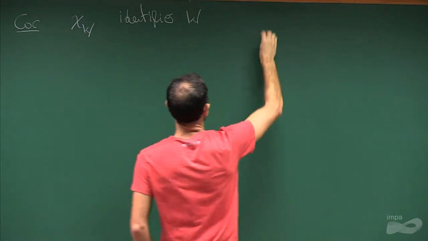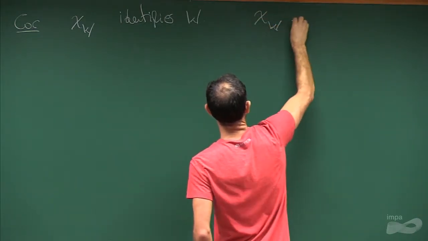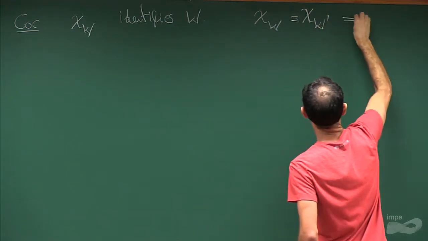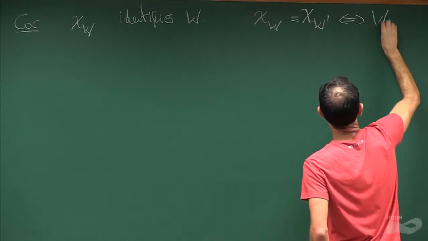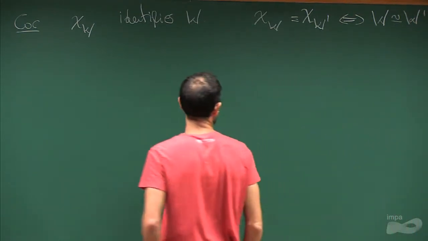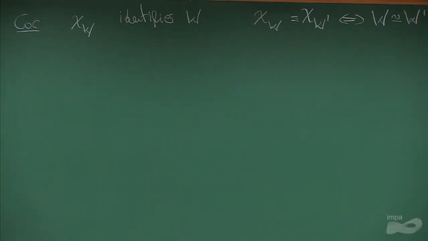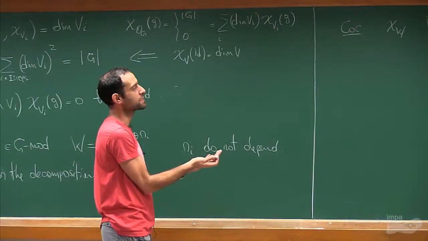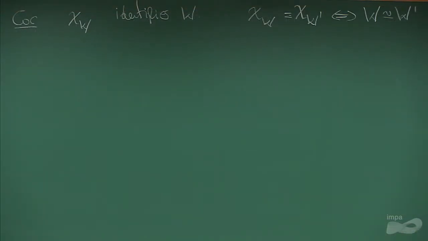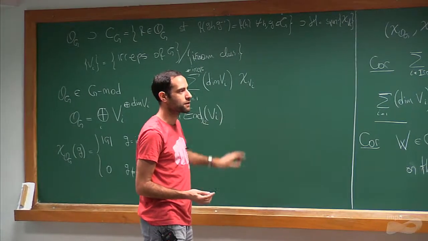In other words, if the character of W is equal to the character of another representation W prime, this is if and only if W is isomorphic to W prime. And the way to know this is, if both characters are equal, then you can write both of them as the same sum in terms of irreducibles.